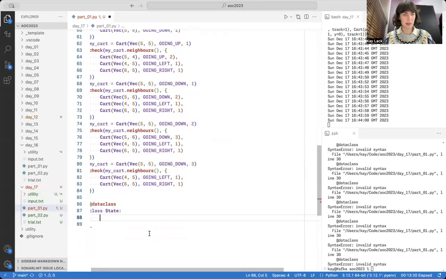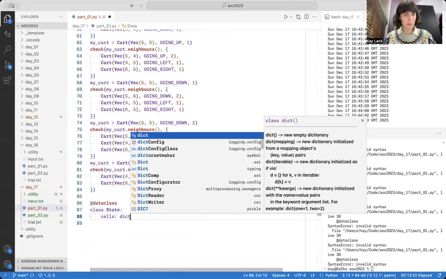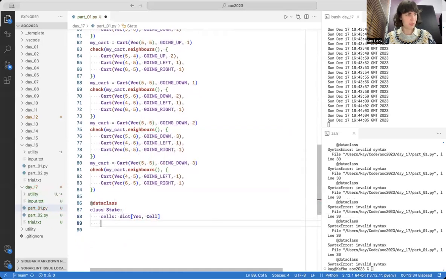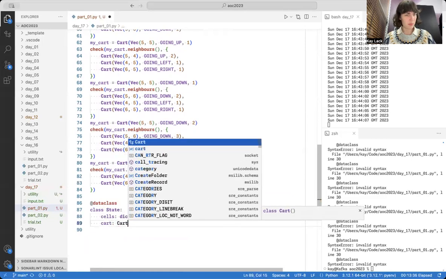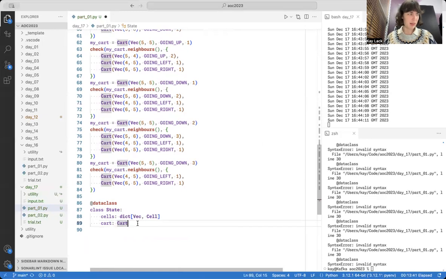Let's look at the state. See that? That is not going to be that good.